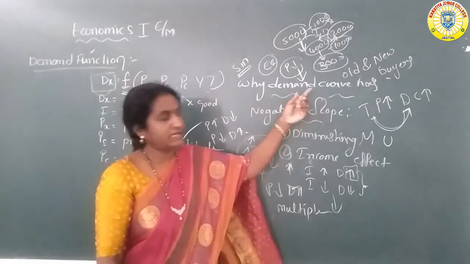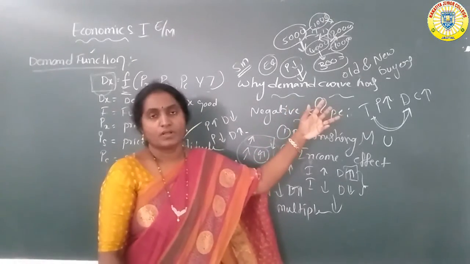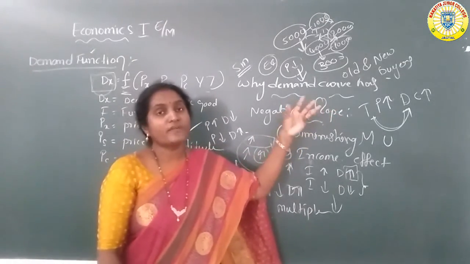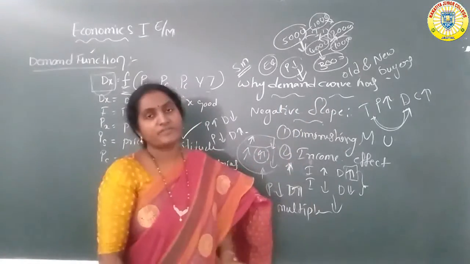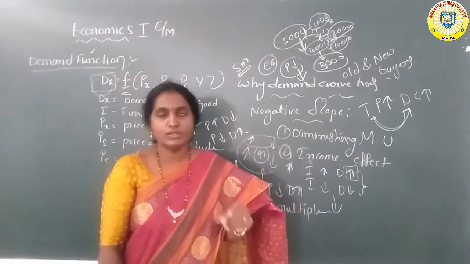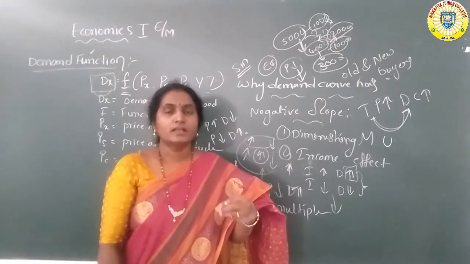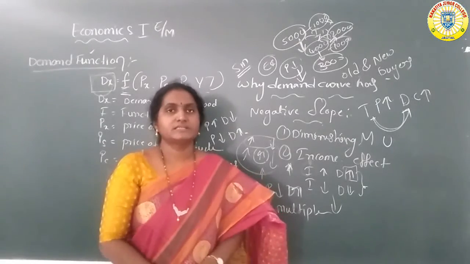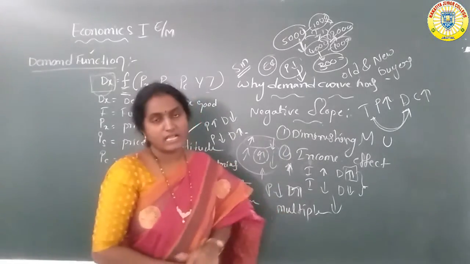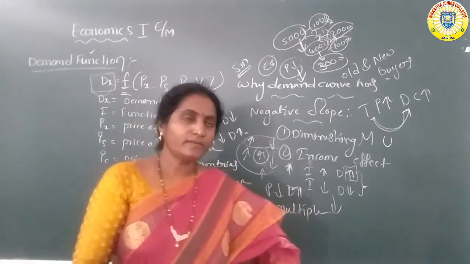This is also one of the reasons. A small change in the price of that particular good brings a greater change in the demand for the commodity. So that is also one of the main reasons for the negative slope of the demand curve.